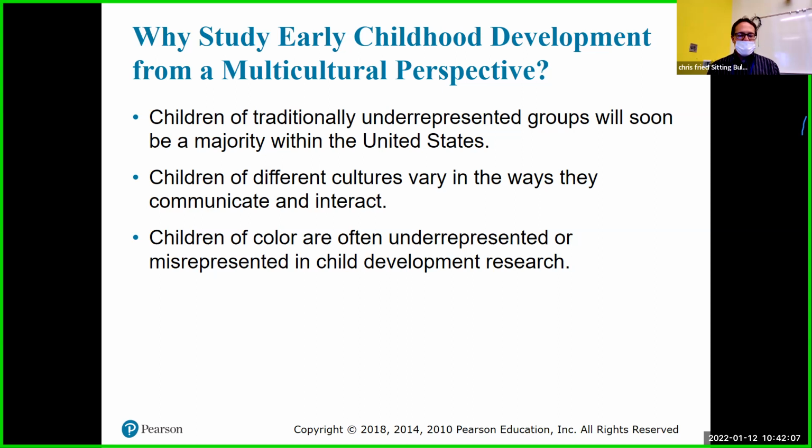So we're talking about looking at it from a multicultural perspective and what that might look like. Children of traditionally underrepresented groups will soon be the majority in the United States. If you look at the census this last time, it looked at the population of the United States, and the white population was not the majority.